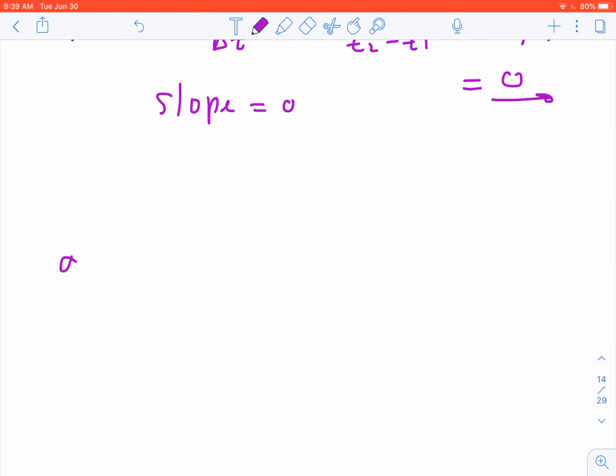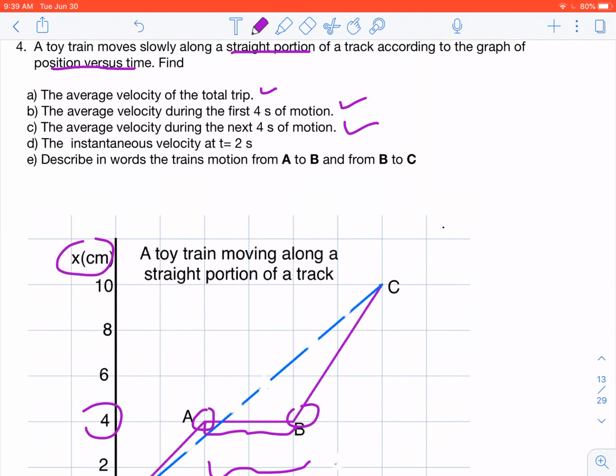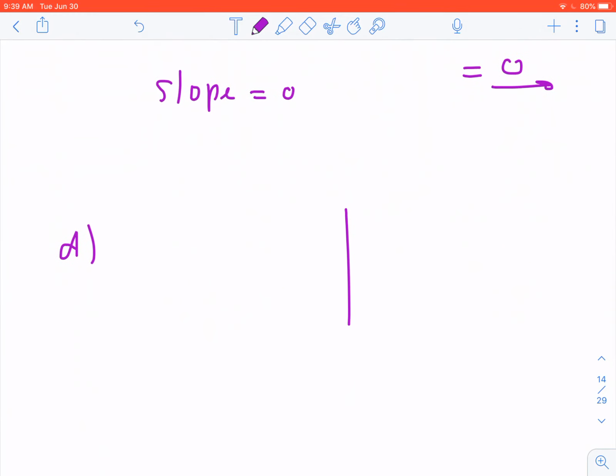Then we've got D, and D says: what is the instantaneous velocity at t equal to 2 seconds?